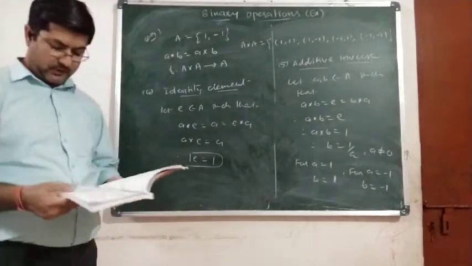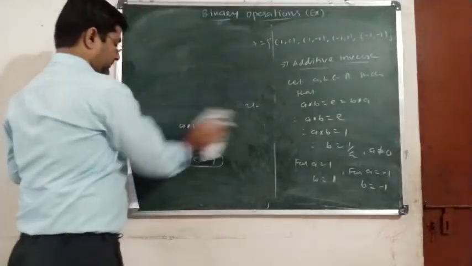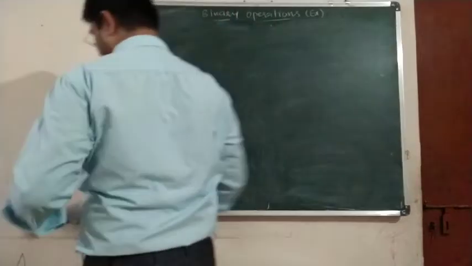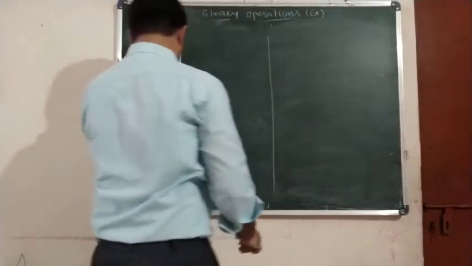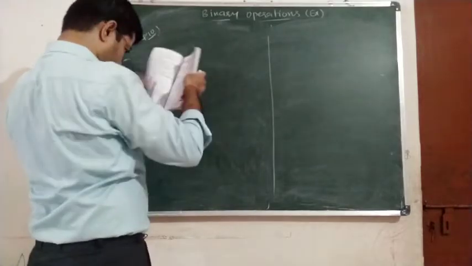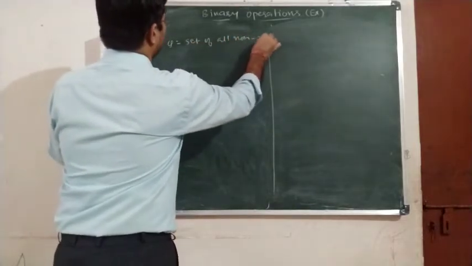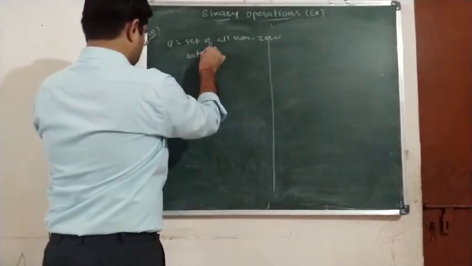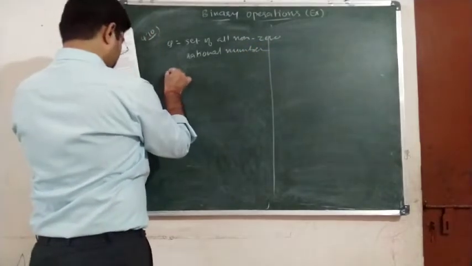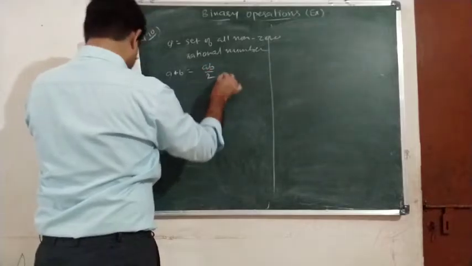Okay, now let us solve question number 10. In this question you are given Q is equal to the set of all non-zero rational numbers, and a binary operation asterisk is defined by A asterisk B is equal to AB upon 2.